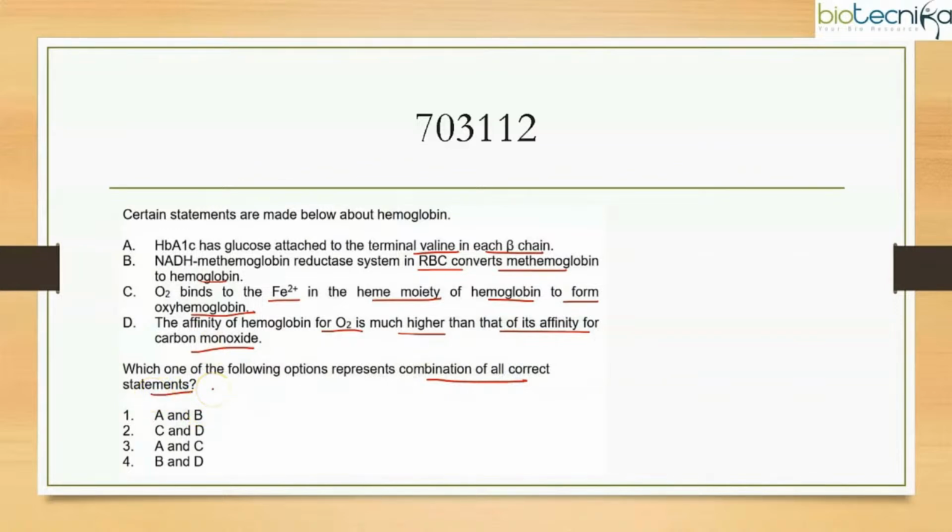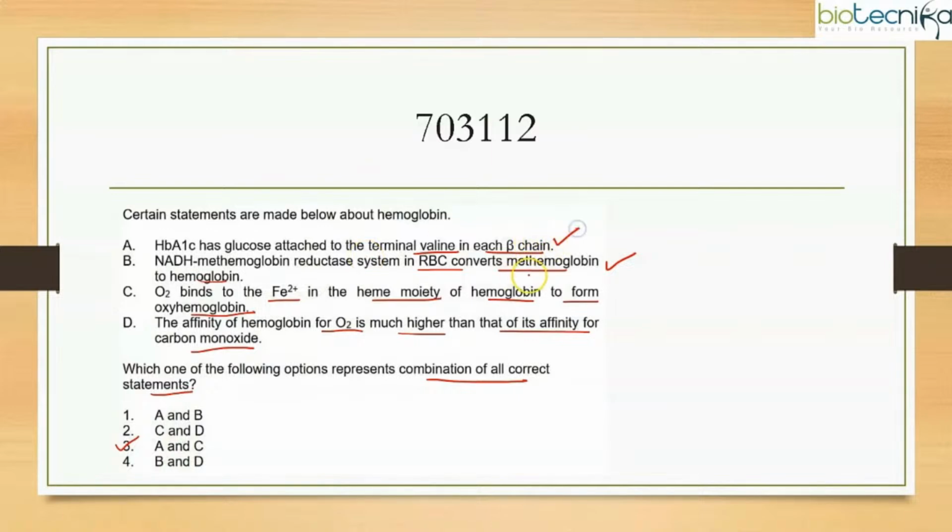Now if you go through the statements, you will see that statement B is also correct, but according to the CSIR answer, they have mentioned option 3, A and C, as correct.